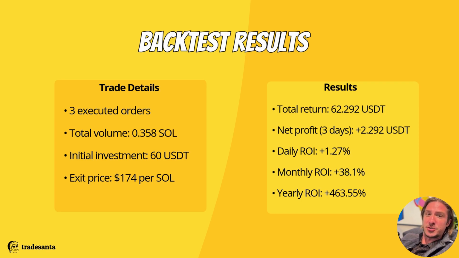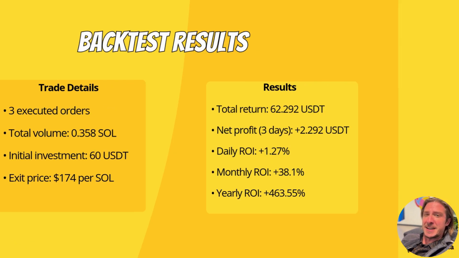So over those 3 days, the profit would have been about $2.29. That means on a $60 investment, you'd have a 3-day return of roughly 3.8%, which works out to a daily return of about 1.27%. Ironically, this improved setup from DeepSeek ended up performing worse than the original.